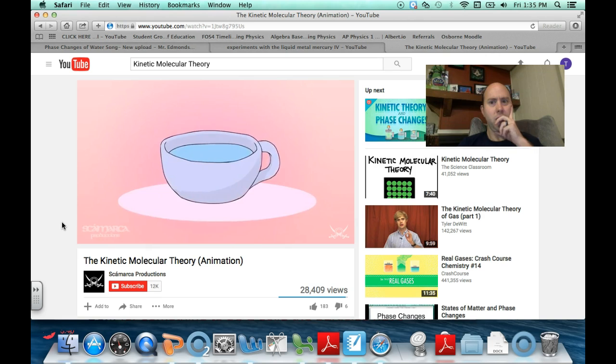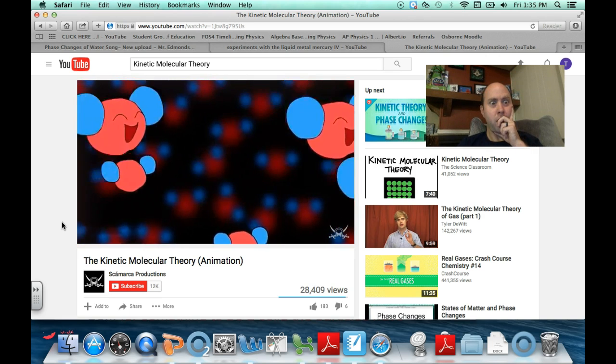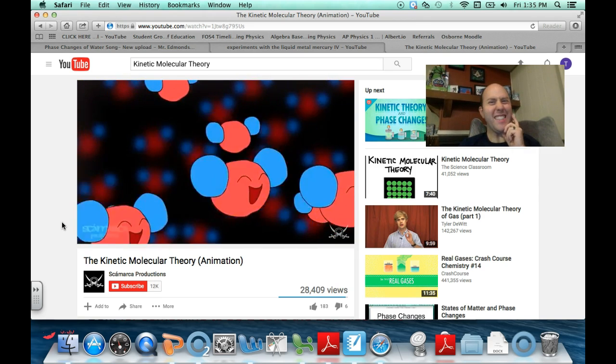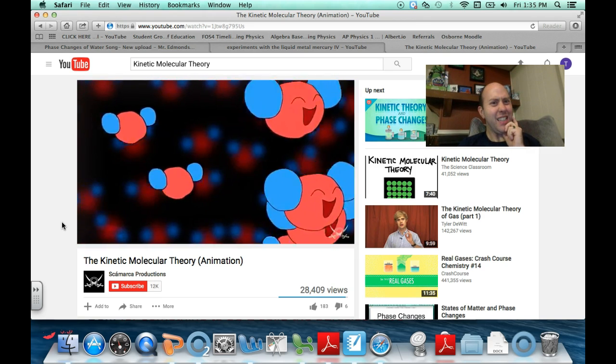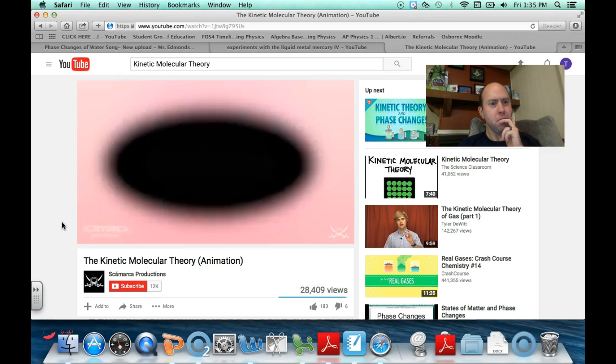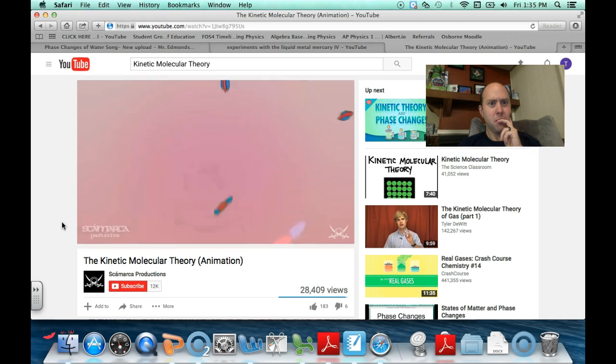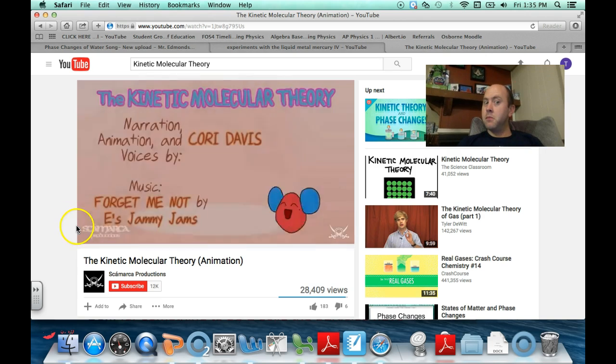In liquids such as water, the particles have more energy and the freedom to move around. Liquids have the ability to flow and fill the shape of any container they are put in. In gases like steam, the particles have the most energy. These particles are sparse and move around freely. Gases are usually invisible to the eye and they can be expanded and compressed in different pressures. All matter is composed of atoms and molecules that are always moving. The higher the temperature, the more energy these particles have. And that is the kinetic molecular theory.